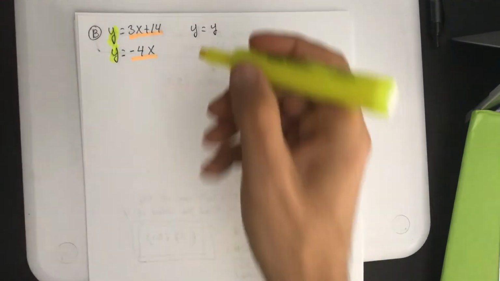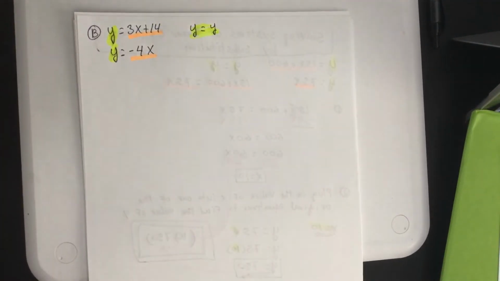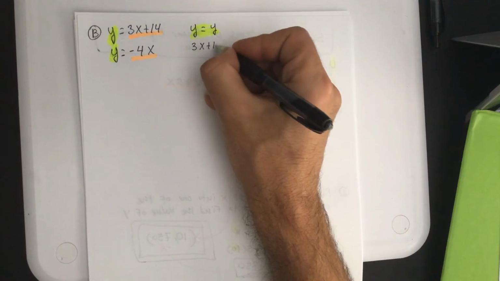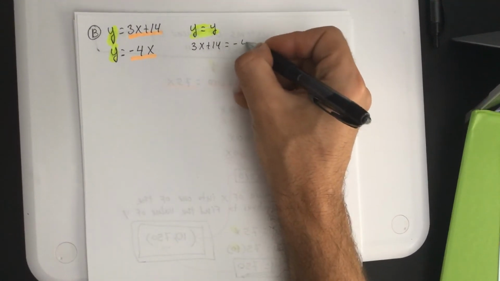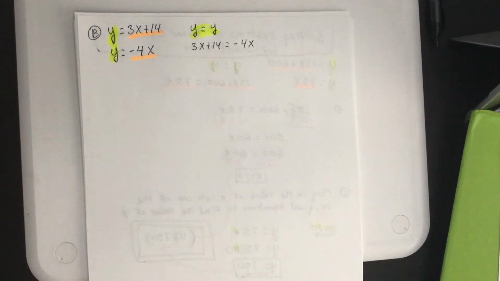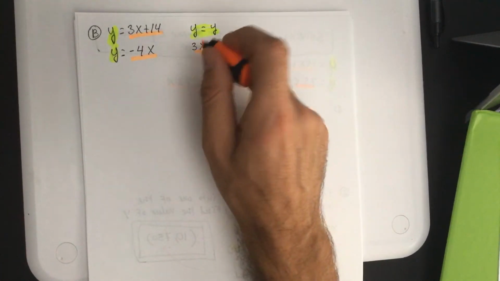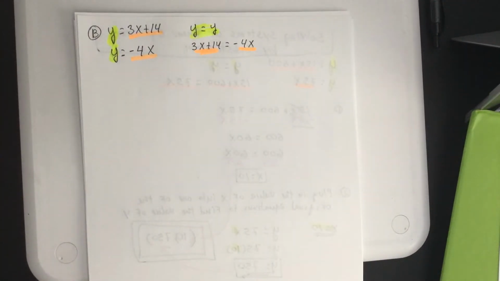That's common sense, right? That means 3x plus 14 has to also be equal to negative 4x, because both of them are equal to y.